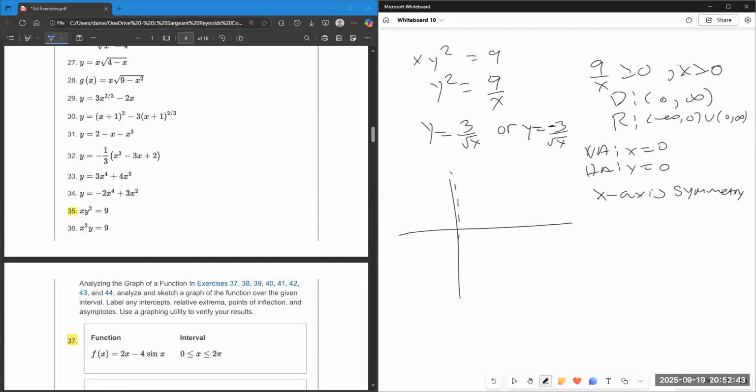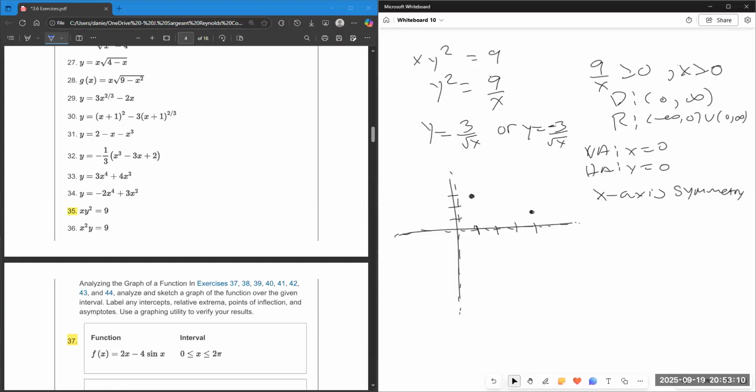So x equals 0, y is equal to 0. Let's graph some points here, at x equals 1, this is 3. This is 1, 3. Next thing that I have a perfect square is when x is 4, I have 1 and a half.